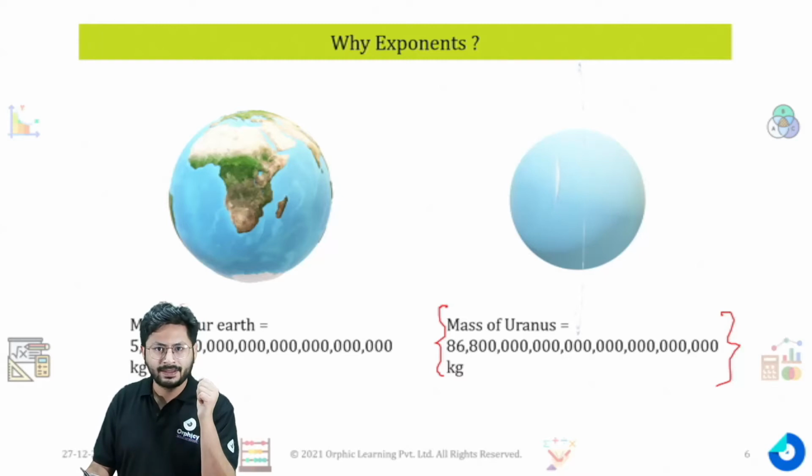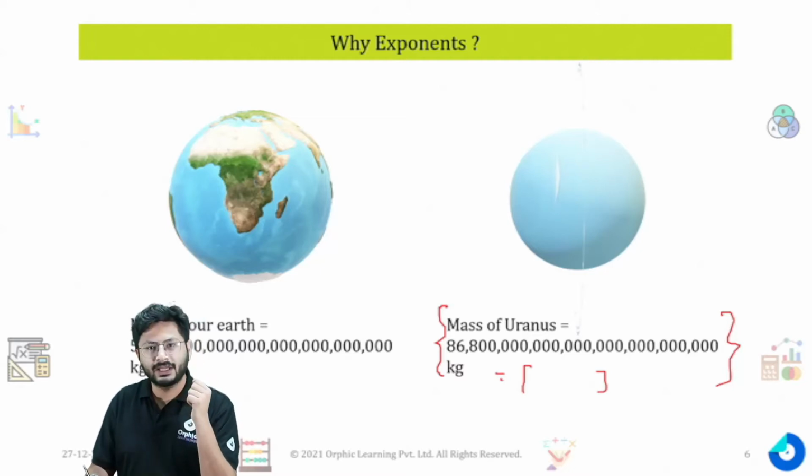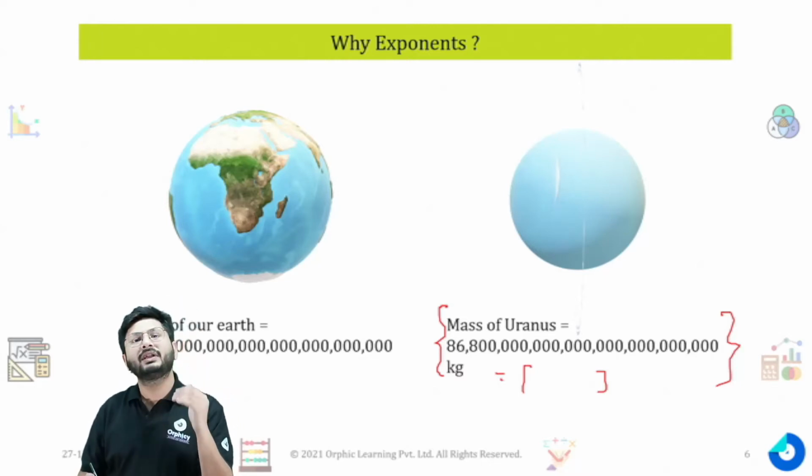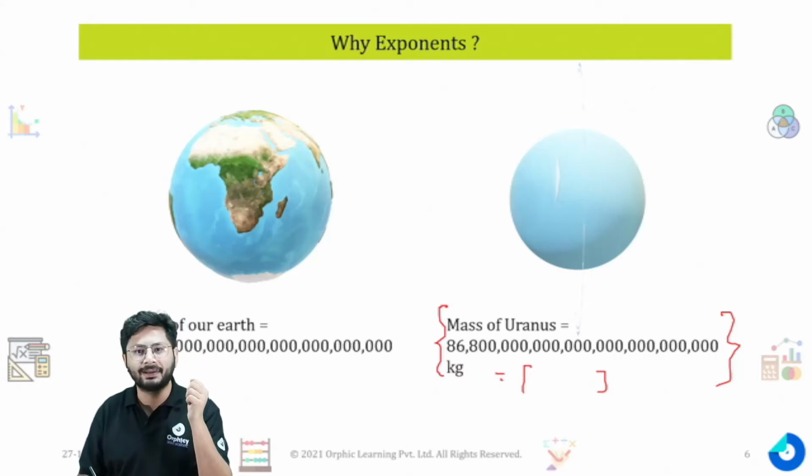I don't think so. If this number can be written in a simplified or short form, that would be really beneficial for me, right? It becomes much simpler to solve that equation or question. Otherwise I'll waste half of my effort on writing the numbers itself.